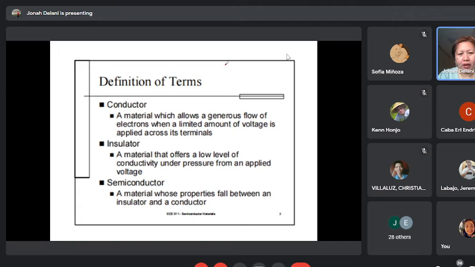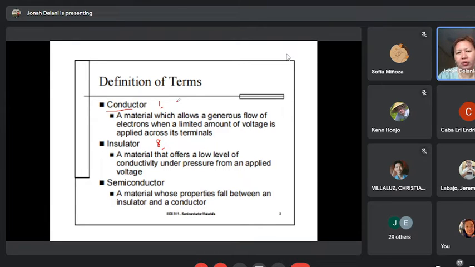If the material is a conductor, usually it would have around one. A very good conductor would have around one valence electron. A good insulator would have 8 valence electrons.